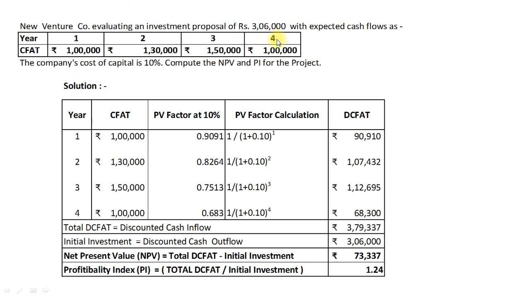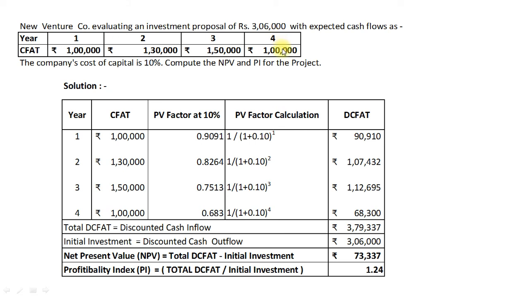So we can assume the estimated life of the project is 4 years. And during this estimated life duration, cash flow after tax is rupees 1 lakh at the end of first year, rupees 1,30,000 at the end of second year, rupees 1,50,000 at the end of third year, and rupees 1 lakh at the end of fourth year.